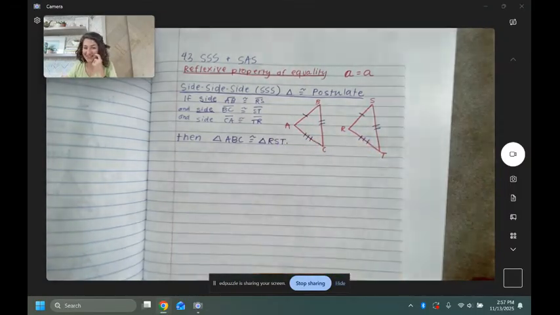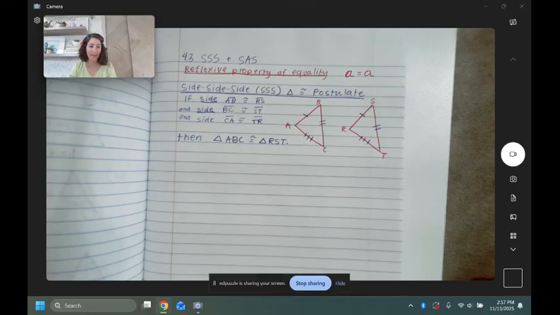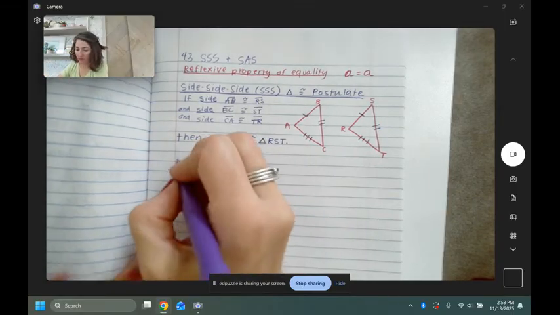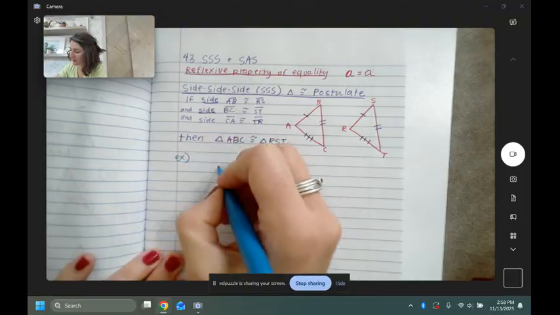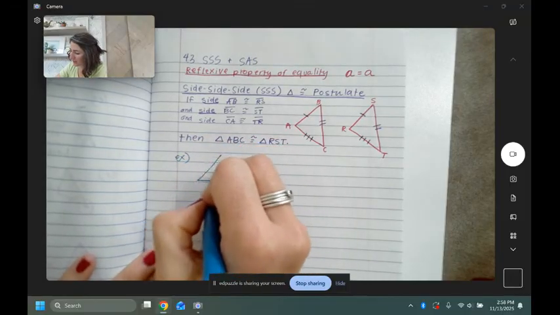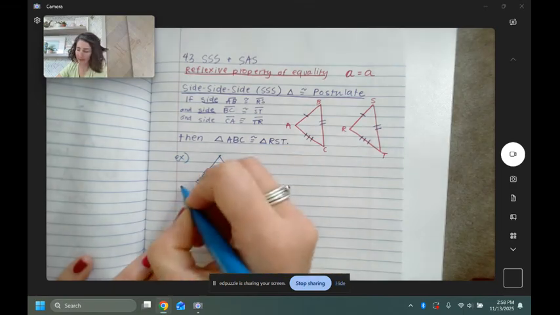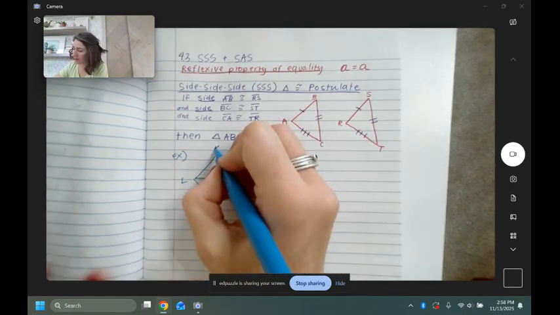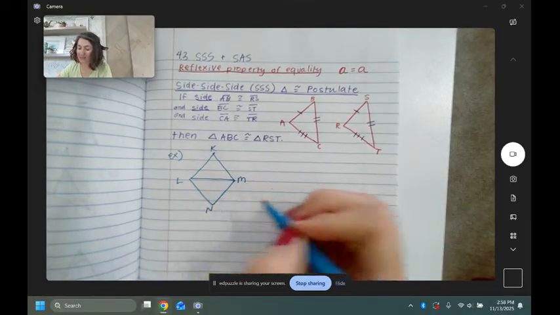All right, let's do a proof. It has been a minute. We're going to go nice and slow. All right, so for example, let's draw this shape with me. If I have LKM, make sure you're labeling these in exactly the right spot.